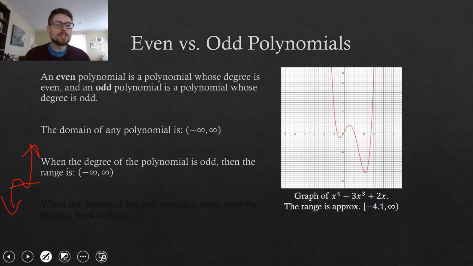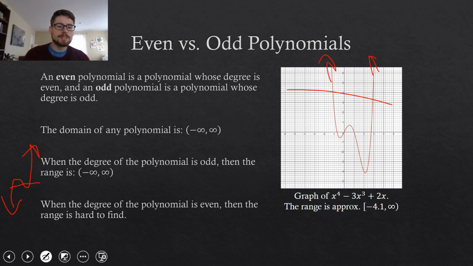Most polynomials are not 1-to-1. Only a small chunk of polynomials will be 1-to-1. And in fact, if the degree is even, it's for sure not 1-to-1, because you're going to have this kind of U-type shape where it blows up on either side, and so that's going to fail the horizontal line test.